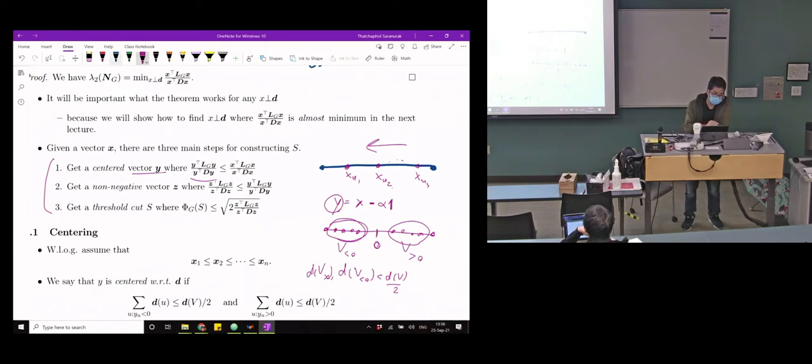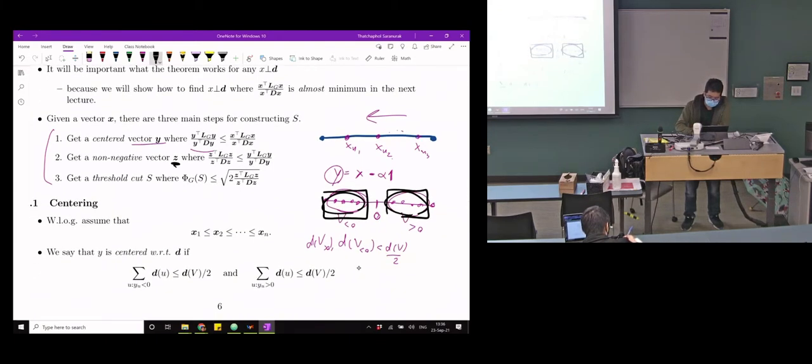Then for z, since both of these sets are small, we define z to be a vector that contains one of the two, either y minus or y plus, where y minus is this thing and y plus is this thing.